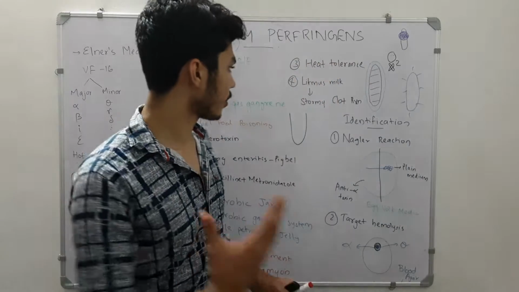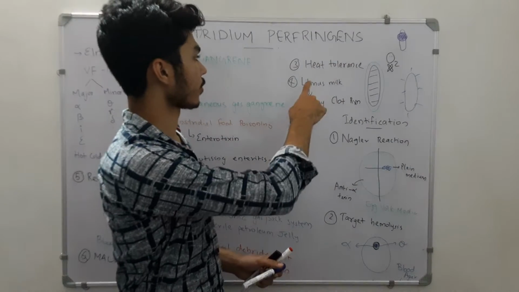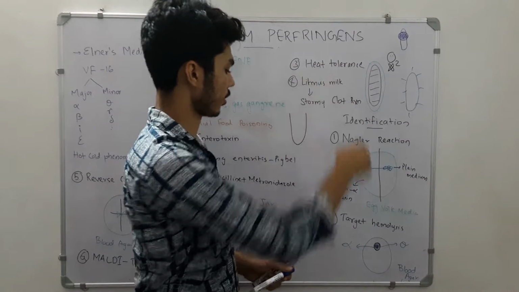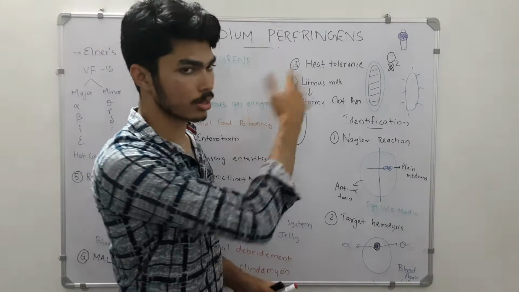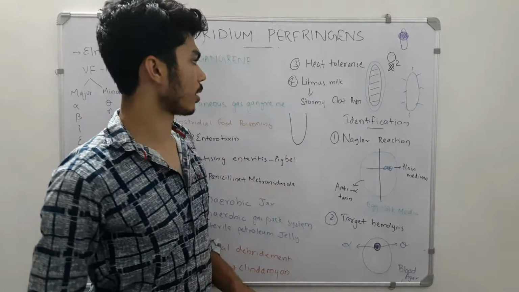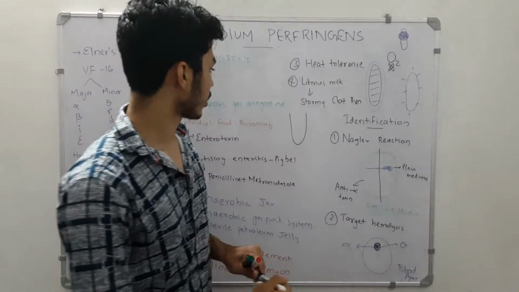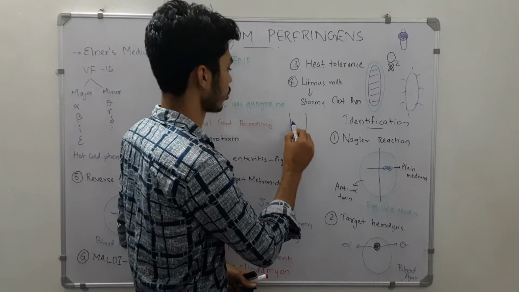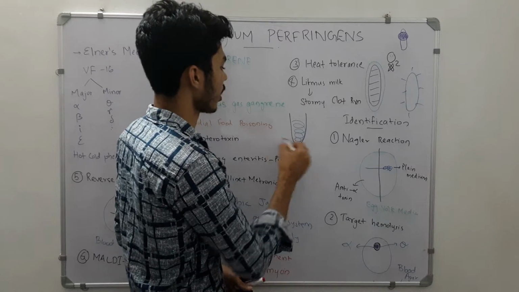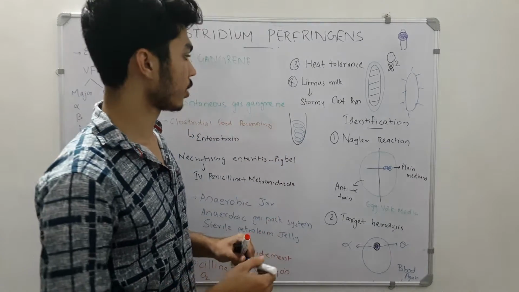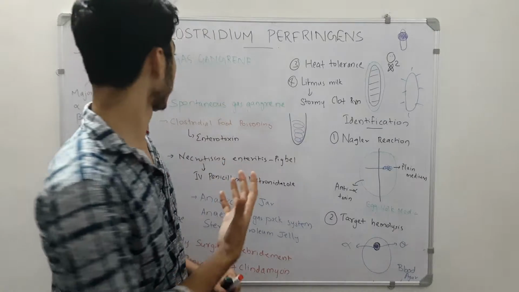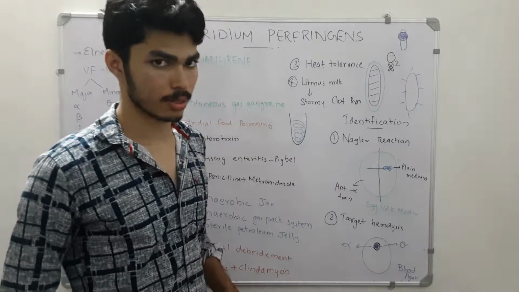The next method of identification is the litmus milk. Heat tolerance I have discussed. So for the litmus milk, you take a solution of litmus milk and add this Clostridium perfringens.